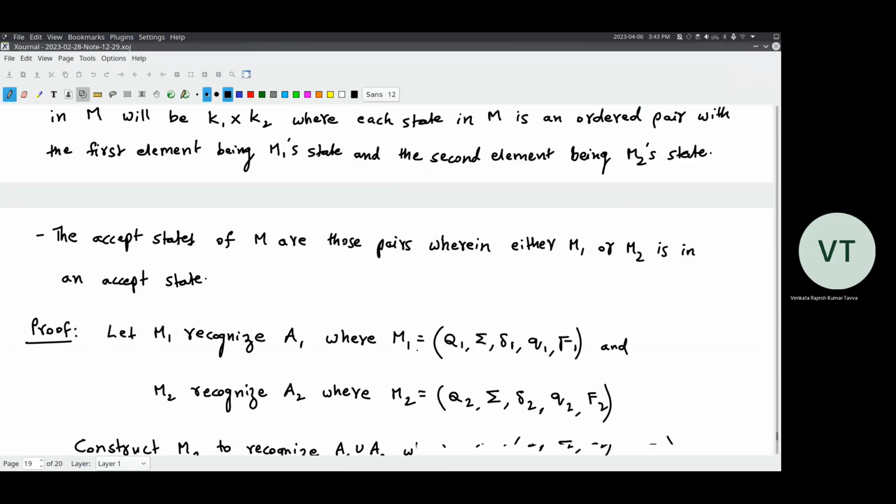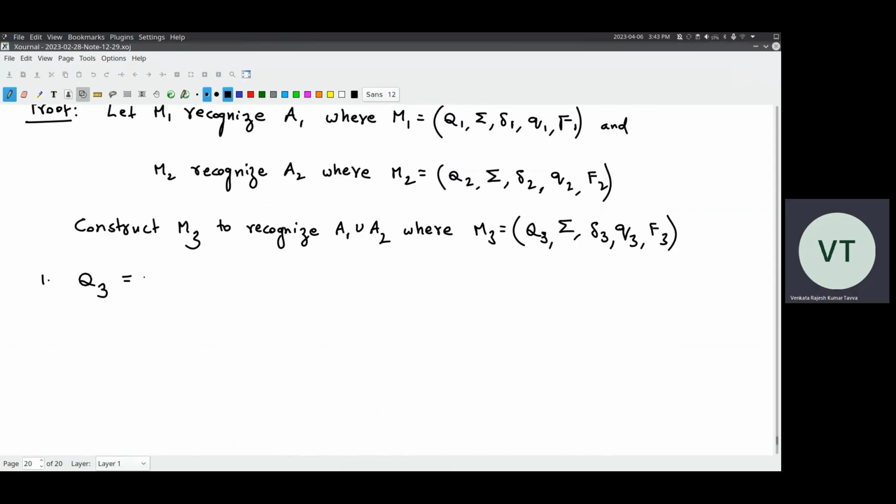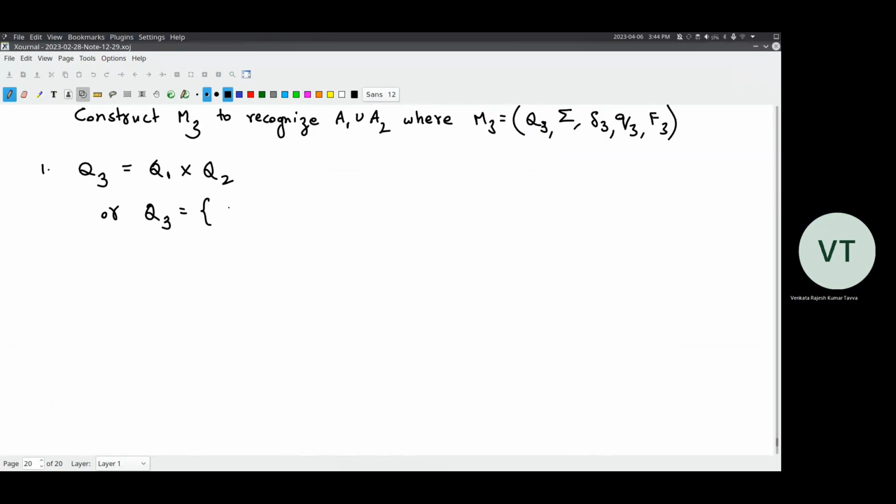Okay. So Q3 is nothing but Q1 cross product with Q2, or another way of writing it is Q3 is the set of all ordered pairs (r1, r2) where r1 belongs to Q1 and r2 belongs to Q2.